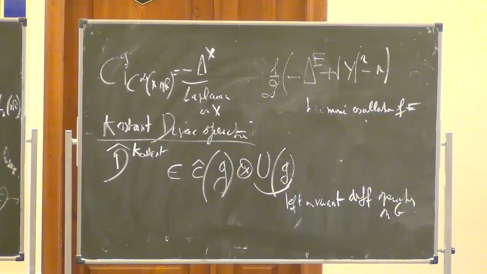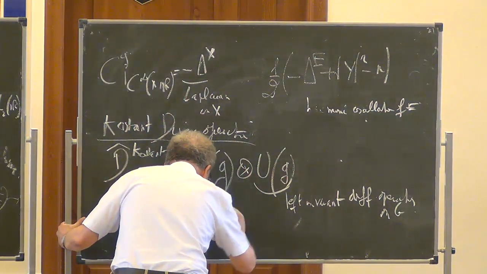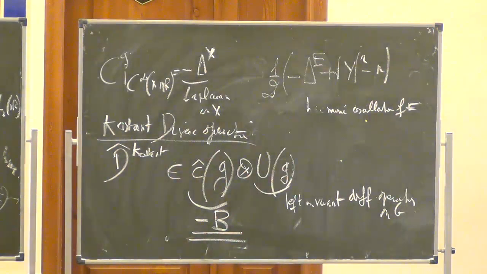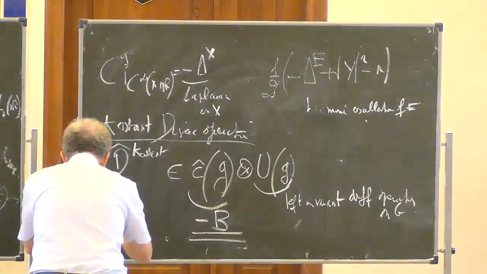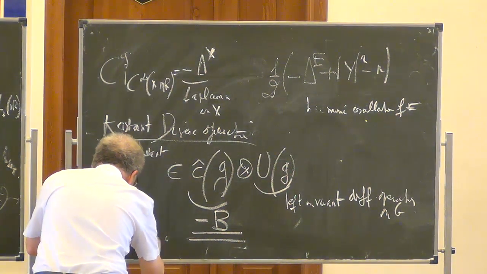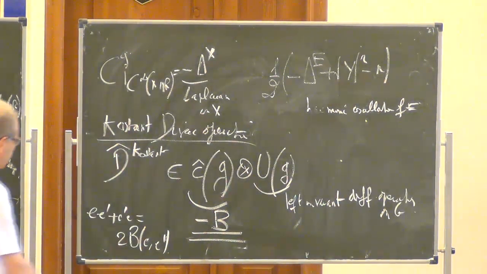Now the Clifford algebra here is associated to the bilinear form minus B. Remember that the Lie algebra is equipped with a bilinear form. It's not a scalar product, but you can still define the Clifford algebra with the commutation relations e e prime plus e prime e equals 2B(e, e prime). This is the Clifford algebra, C hat of g.